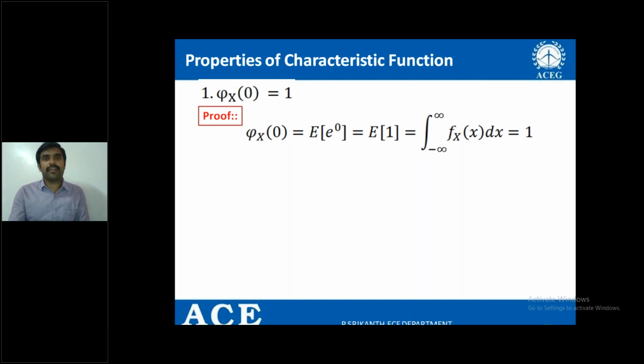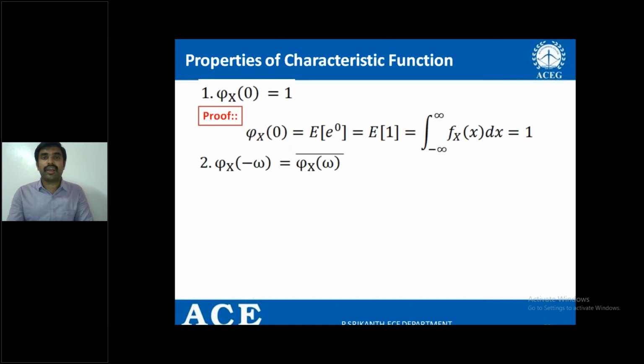Coming to the second property: pi x of minus omega equal to pi x of omega bar. That is, if omega is replaced by minus omega, then you can take pi x of minus omega as pi x of omega bar. How do you prove this?